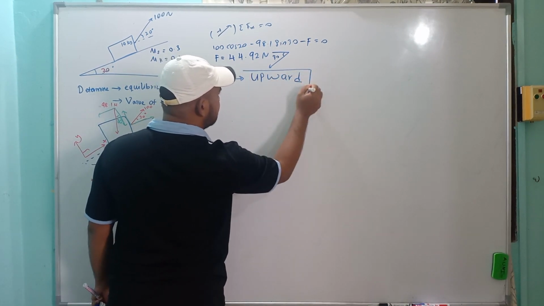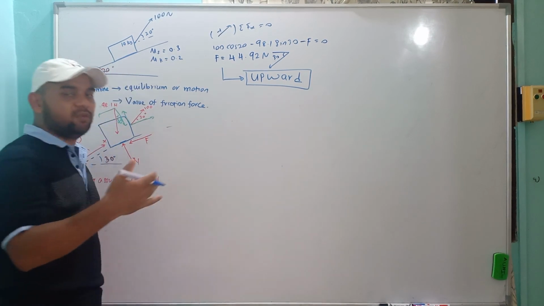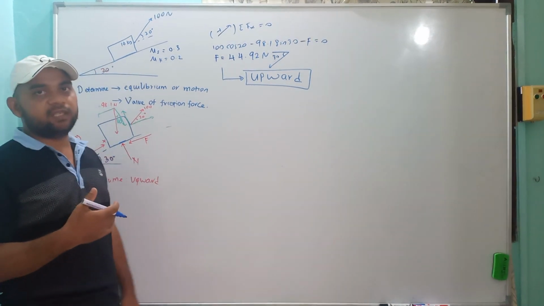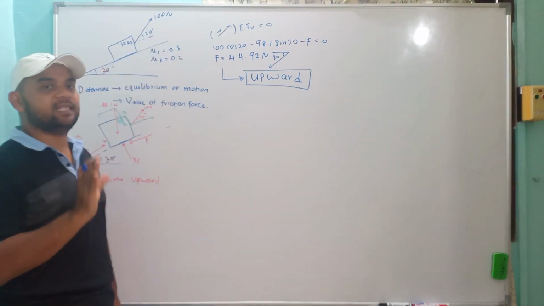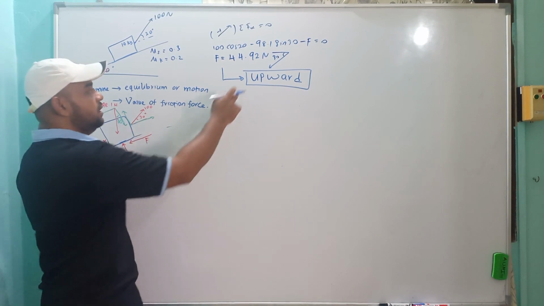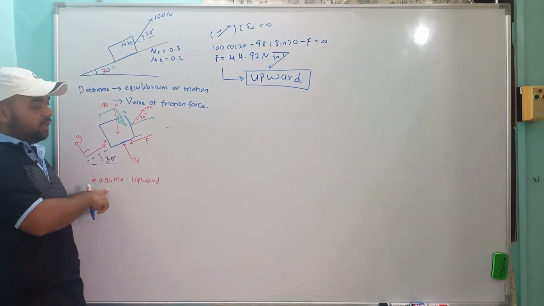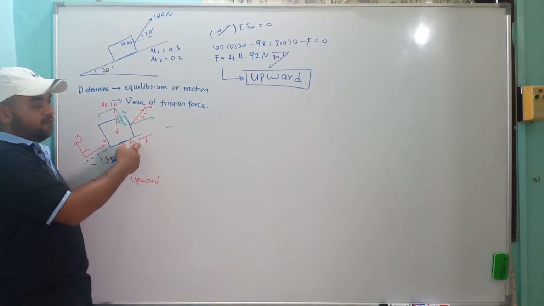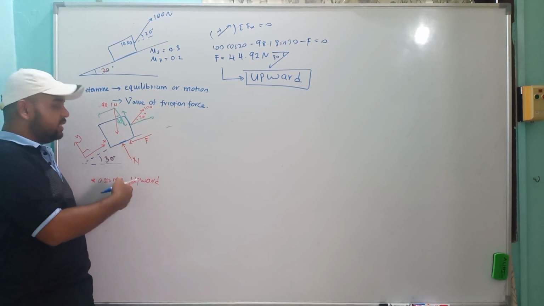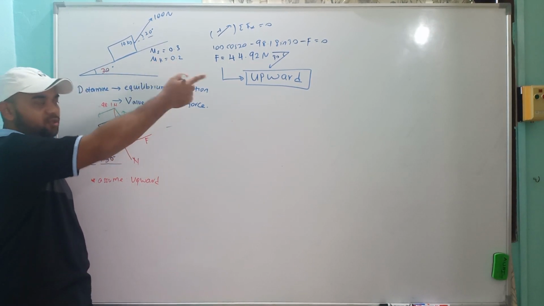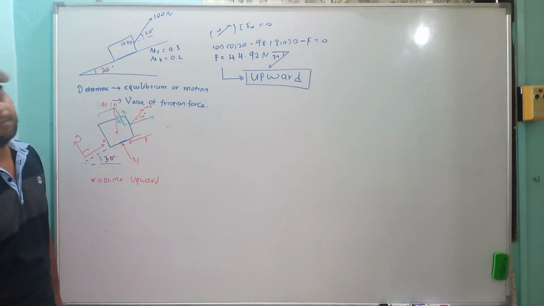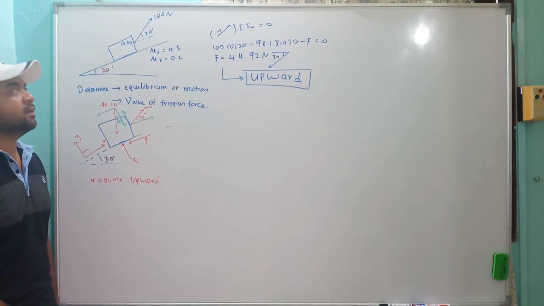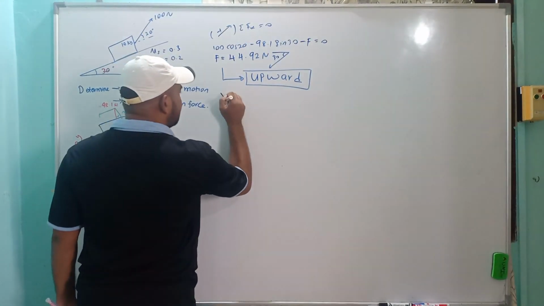We're not sure it is moving or not, but if it is moving, it is going upward. Even if it is not moving, it has the tendency to move upward because we assumed upward, so that our F is going down, the opposite direction. Now we get a positive value of F, so for sure the movement is upward. Now we go to the y direction.